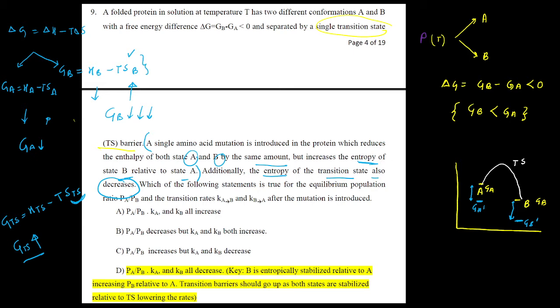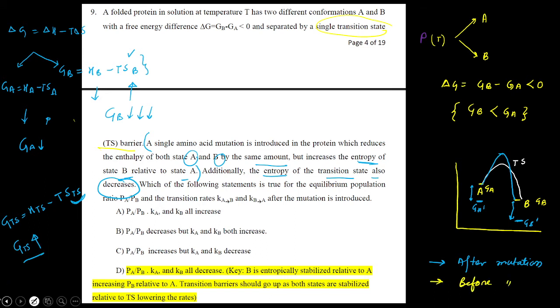So the transition state barrier would jump to a level, right? It would increase to a level. So we can say after mutation, this is going to be the pattern, right? Blue denotes after mutation. Basically, blue ink tells you about after mutation, all right, and yellow tells you about before mutation.